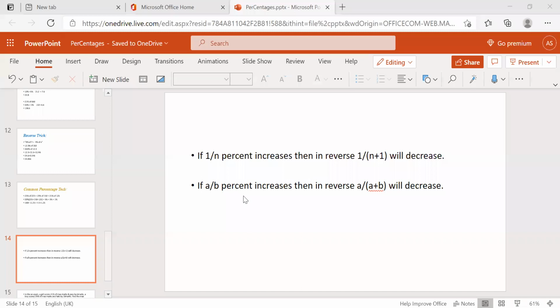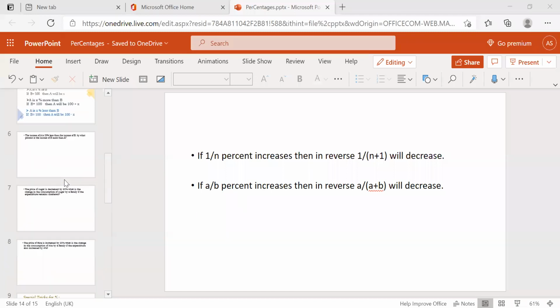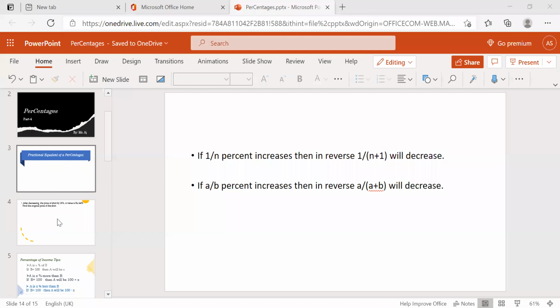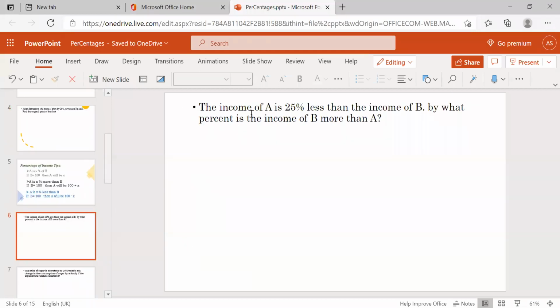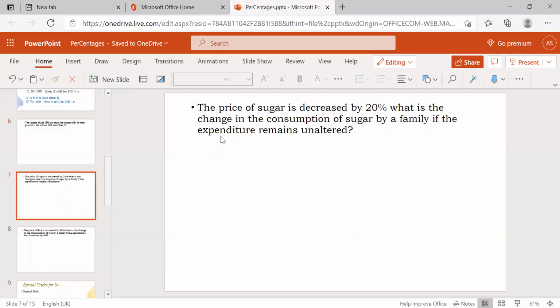So where are we going to find these types of problems? Do you remember the second class that we discussed? The expenditure is the same, the rice price and sugar price increase, then how much will consumption decrease? We'll check that once. The price of sugar is decreased by 20%.